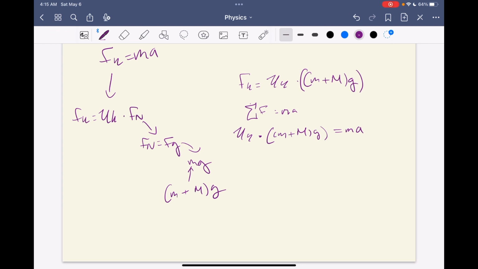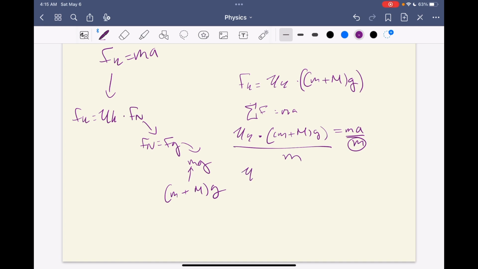Yeah, I think so. And then we can divide both sides by m to isolate for a. But again, we have to consider that the mass is basically the mass of the dart and the block added together.